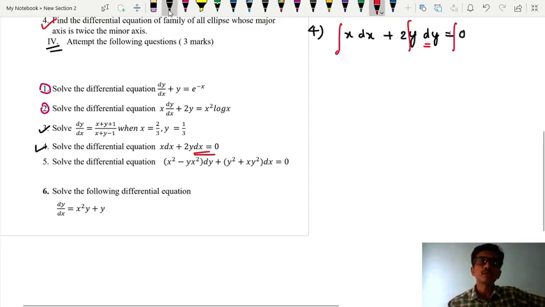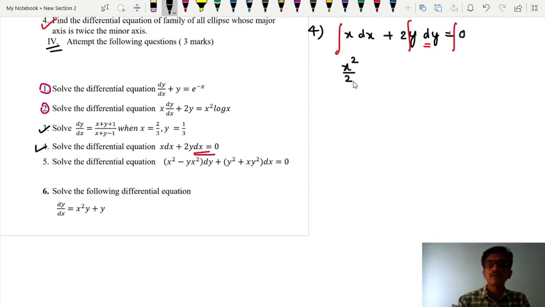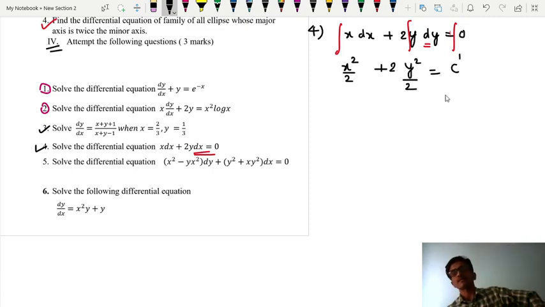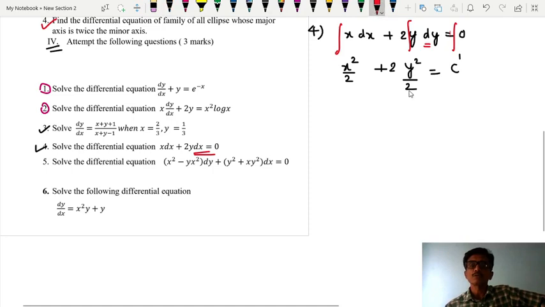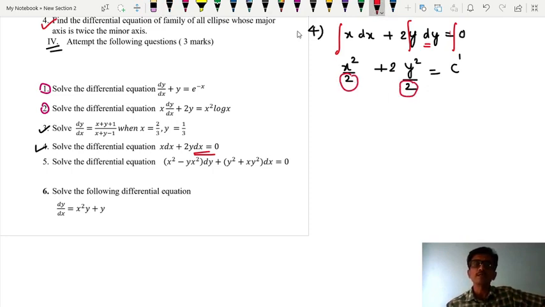So what is the solution then? It's x square by 2 as the integration of this. 2 times y square by 2 will be the integration of that, is equal to c dash we can write here. Now this 2 we multiply on the right hand side.